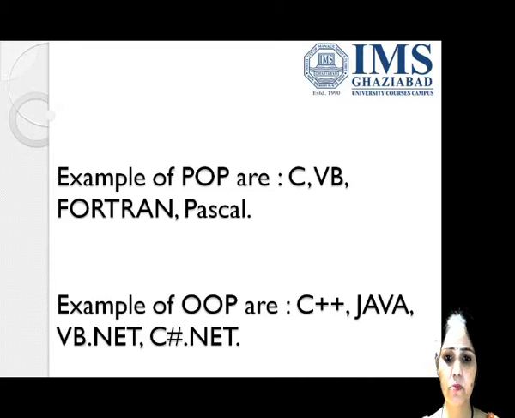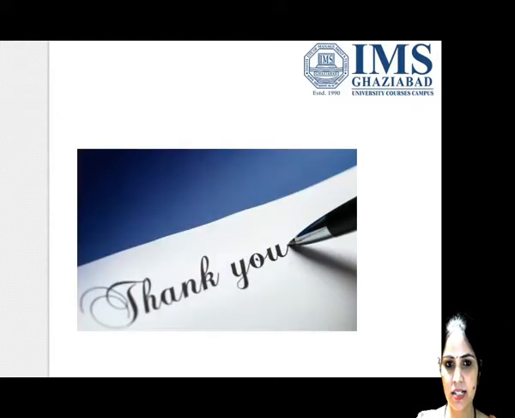The examples of POP are C, VB, Fortran, and Pascal. And the examples of OOP are C++, Java, VB.NET, and C#.NET. Now you might be very clear about the difference between POP and OOP and can judge also which one is better.